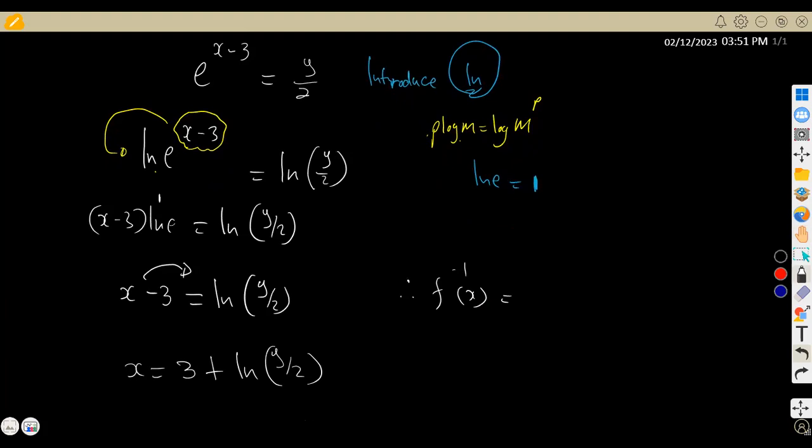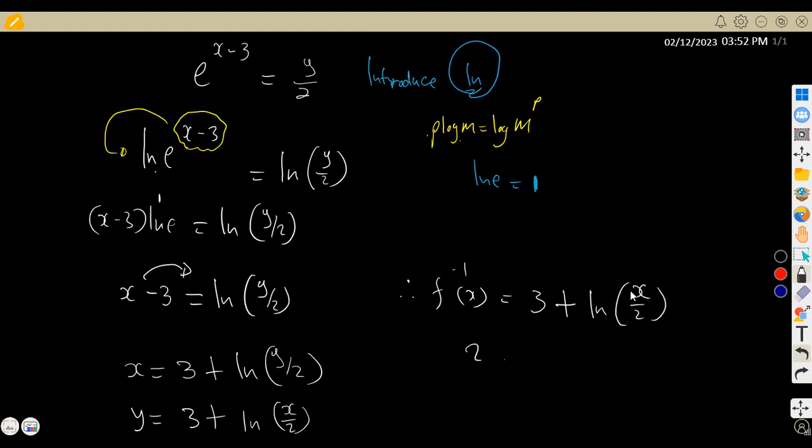So you just have to interchange first. Remember that you transpose, so y is equal to 3 plus the ln of, in place of y is going to be x. So that's x over 2. So don't forget, like what I almost did here. So this is 3 plus the ln of x over 2 now as your inverse.